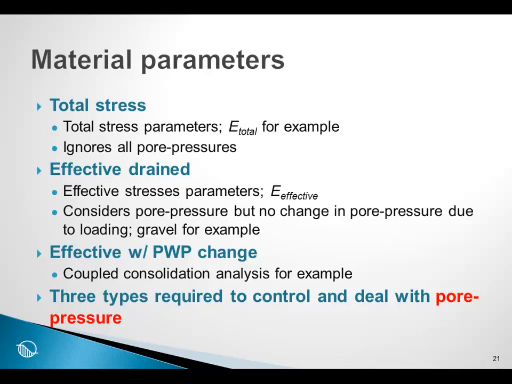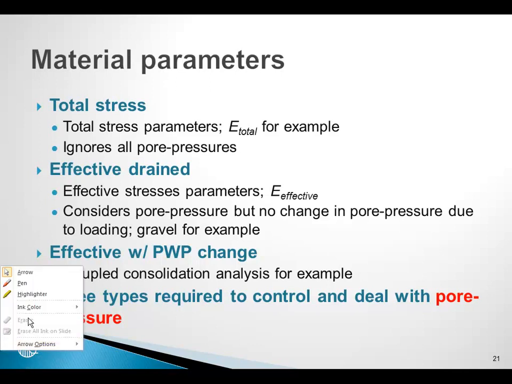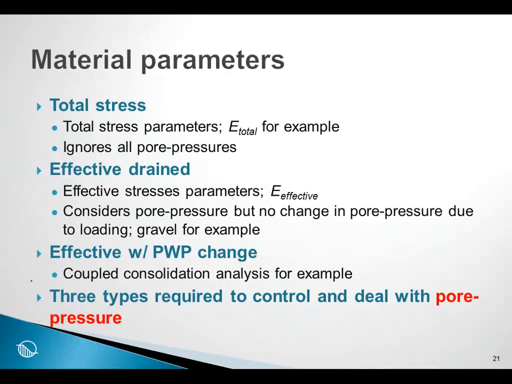In SIGMA/W, it has become necessary to define material properties and categorize them in three different ways. One way is to describe the material parameters as total stress material parameters. For example, Young's modulus E is total E. This is called a total stress parameter.